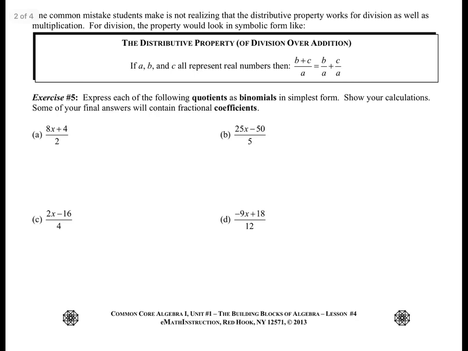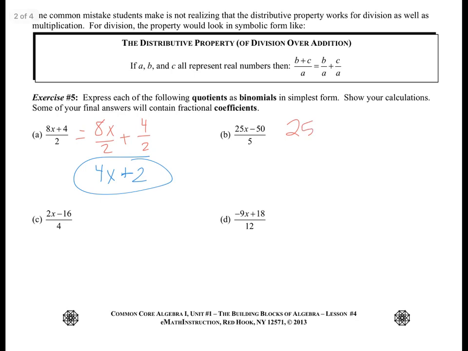Some of your final answers will contain fractional coefficients. So this is the same thing as 8x divided by 2 plus 4 divided by 2. The reason why it is really important to rewrite it is to see that you are actually dividing everything by the denominator. So 8x divided by 2 is 4x, and 4 divided by 2 is 2.